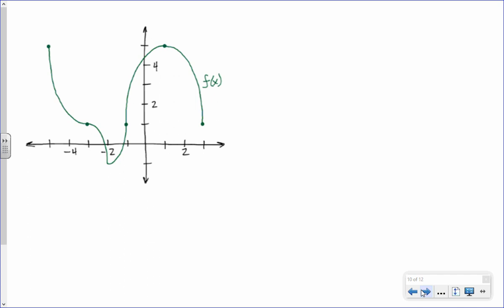Make sure you do have it labeled that it is a function graph, because next we're going to look at a graph that is a derivative.